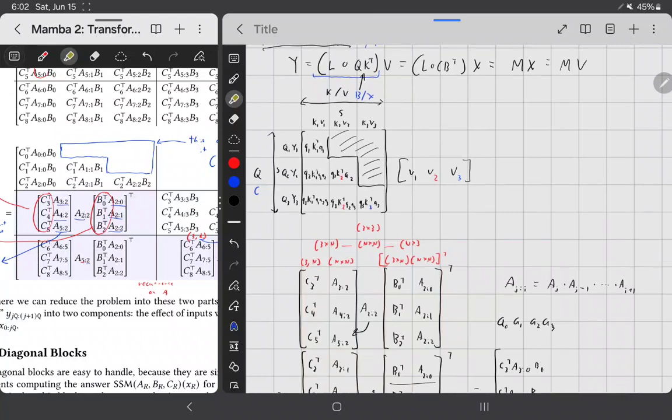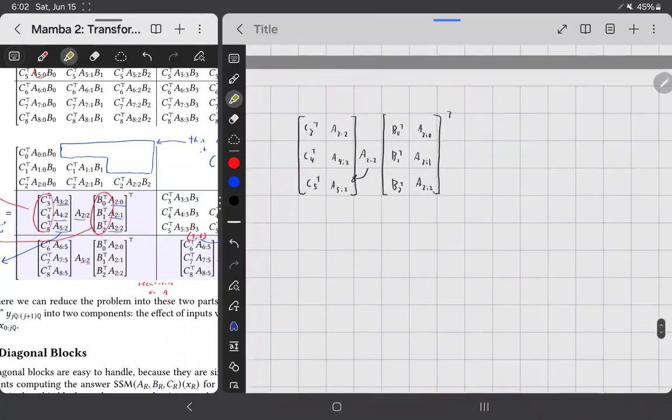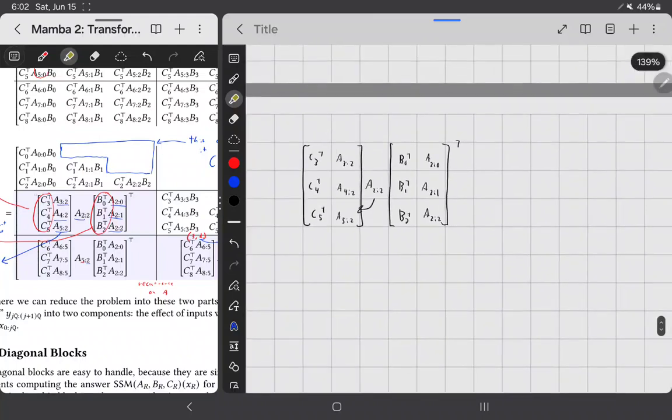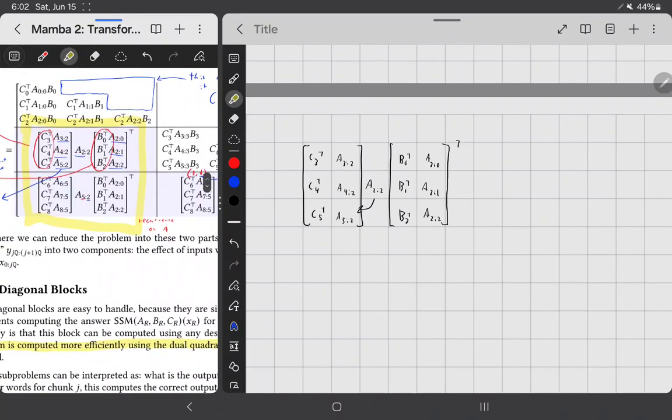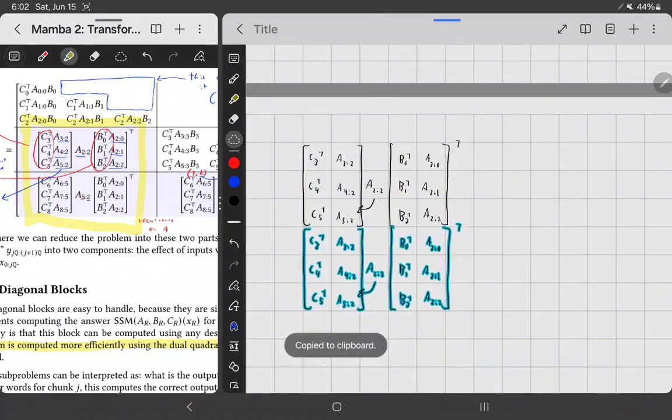And this also includes A, so we have to deal with A. I'll show how that works. Let's look at this part here. Let's compute this part, and it's going to be going down. So let's take this here, and let me just copy it. This will be our first block, that'll be this upper block, and this lower one will be the second block.